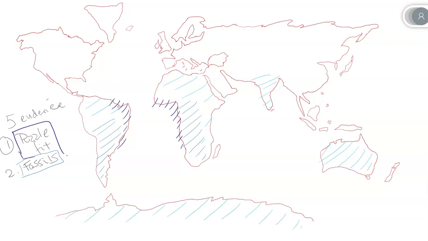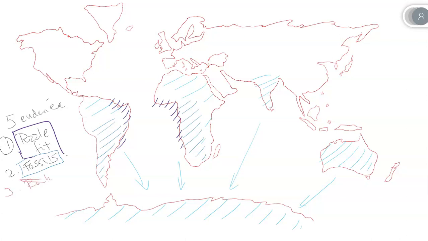So you had this huge mass where these 5 main continents were again connected to Antarctica, like that.